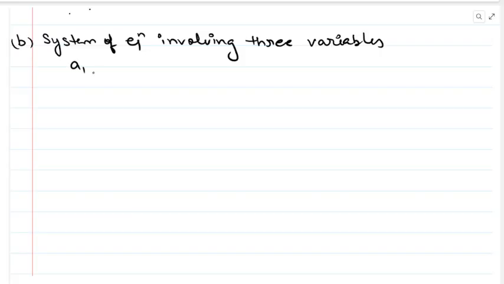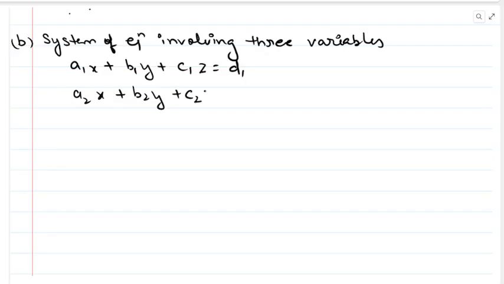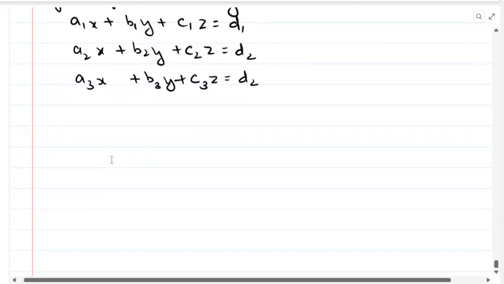We are given equations as a1x plus b1y plus c1z is equal to d1, a2x plus b2y plus c2z is equal to d2, and a3x plus b3y plus c3z is equal to d3.